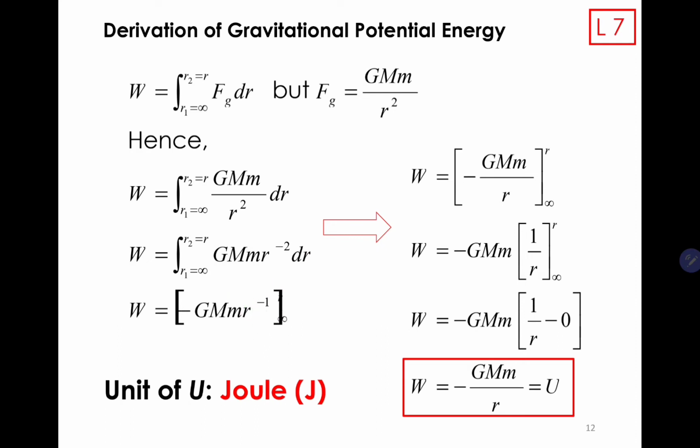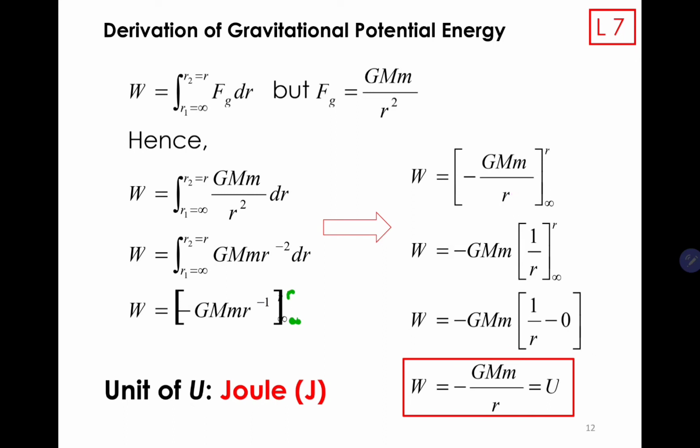So, something is missing here: starting from infinity to the final position where the distance is R. Based on that, R to the power of negative 1, we just transfer R to the bottom again, and then you will get this GMm over R, still the same, no more negative.